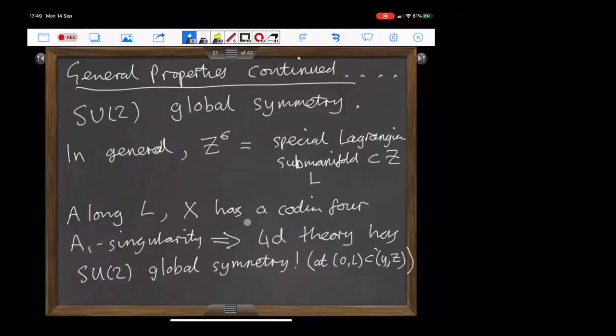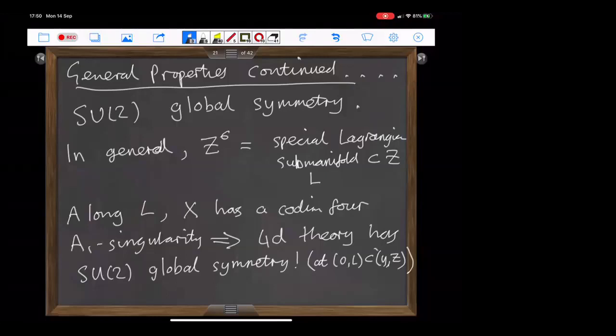Now, if the involution has fixed points, then X actually has a codimension 4 A1 singularity. And that tells us then on general grounds that these systems have an SU2 global symmetry in general, which is located at the origin in the R direction, or in the case of when we're considering S1 instead of R, at the two fixed points at the two ends of the line segment, if you like.